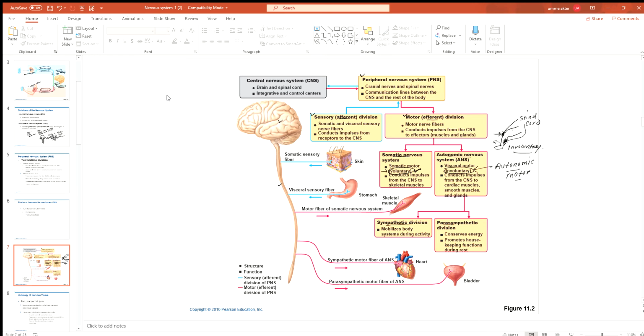Just know that sympathetic activation is responsible for the fight or flight response, that releases adrenaline, which increases the heart rate, heartbeat, increases the blood pressure, increases muscle tone.